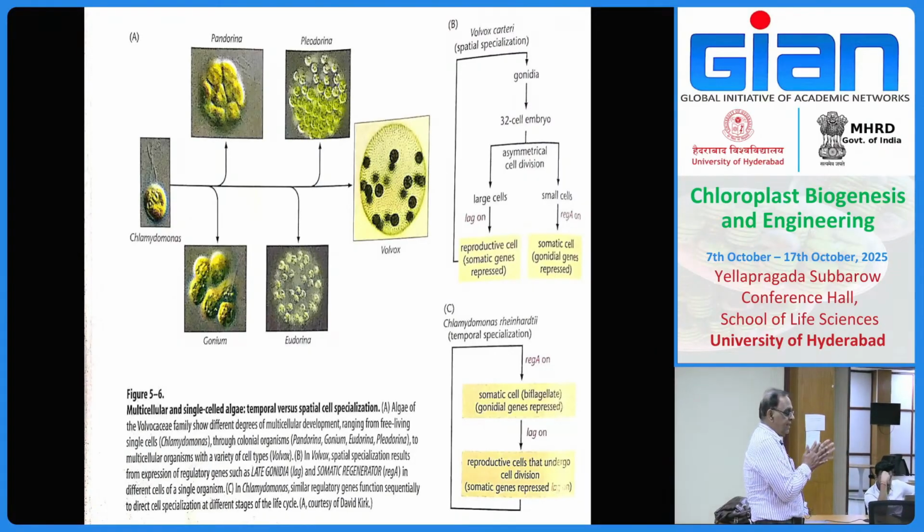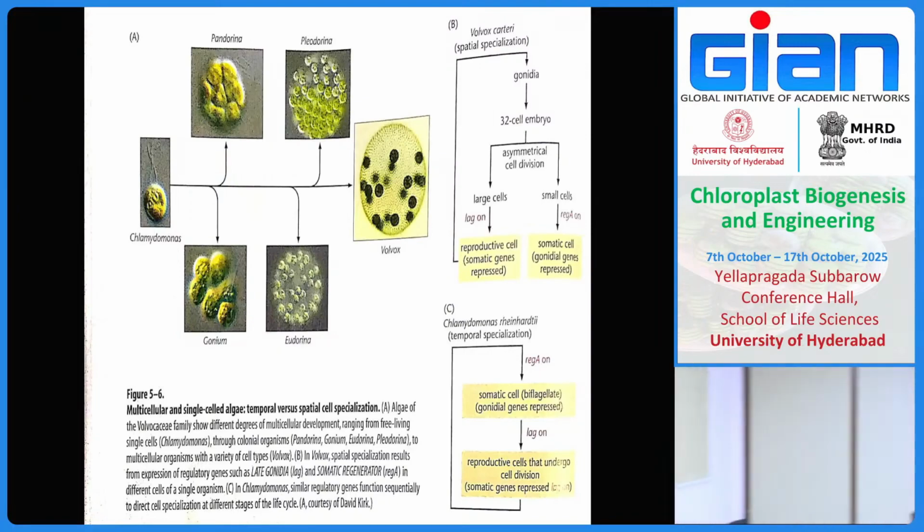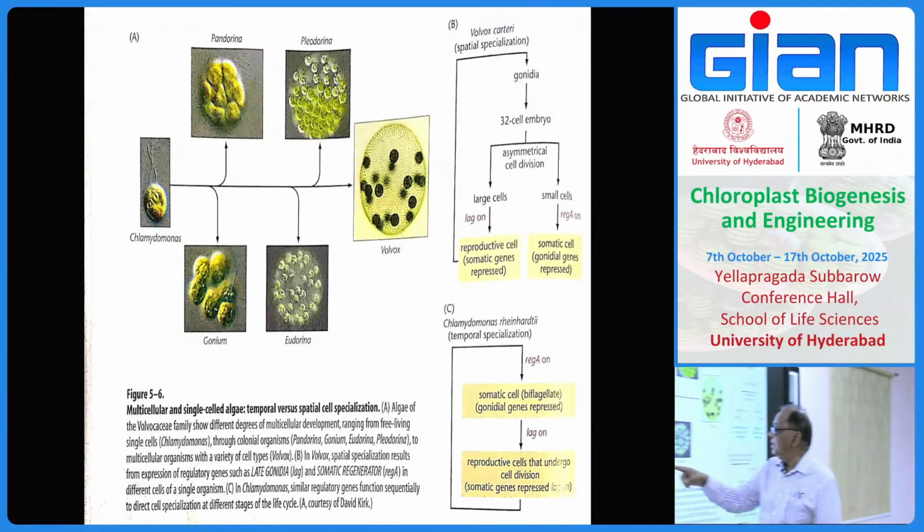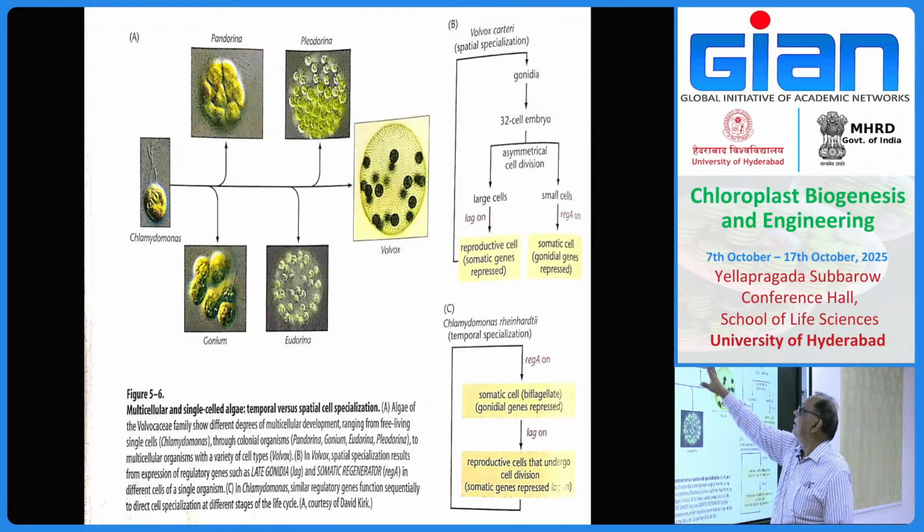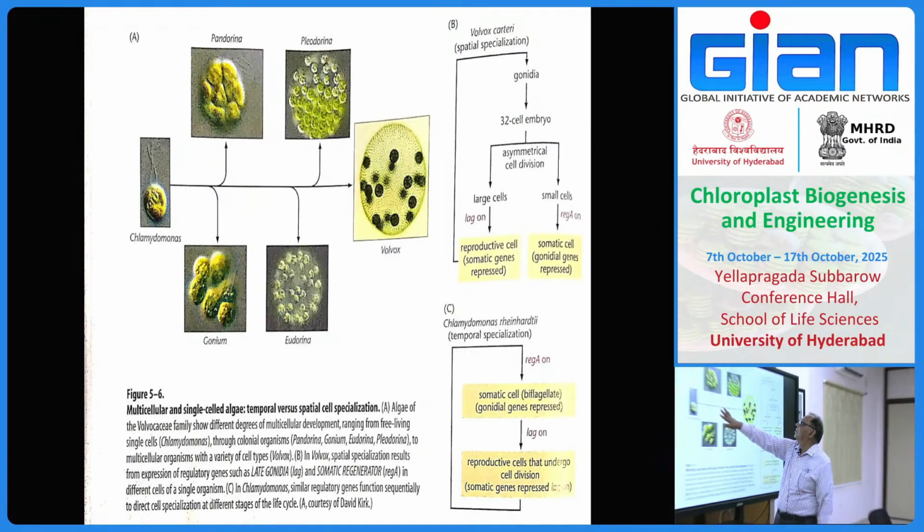And then you can see a loose association of Chlamydomonas-like organisms, as a transition between unicellular and multicellular. You can see here Pandorina, Gonium, Eudorina. These are the transition forms from Chlamydomonas.